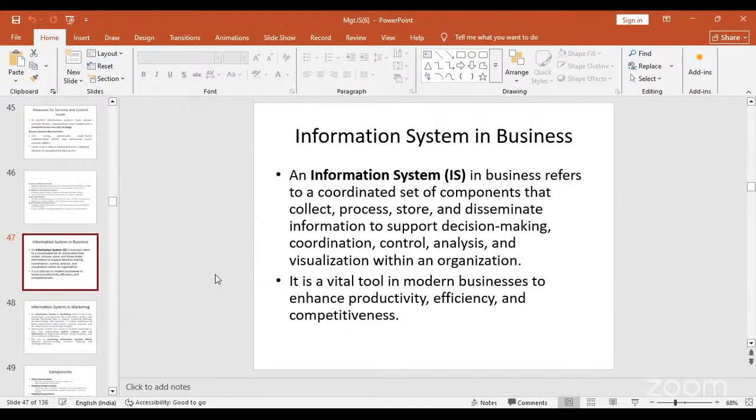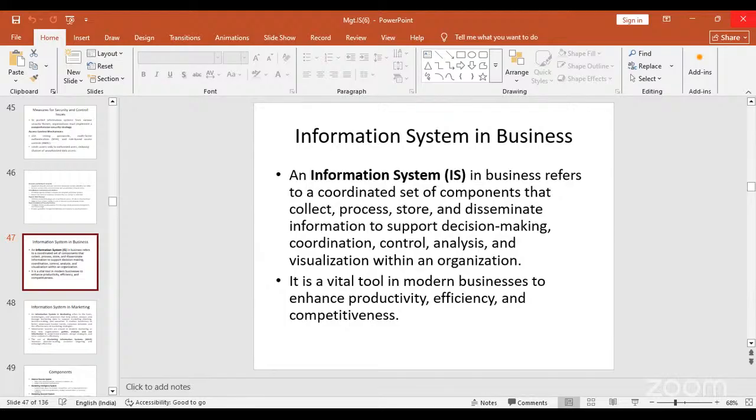It has control measures: who will access the data, who needs what type of data, that can also be provided. Then coordination means the HR department is connected with the finance department, connected with the production and operation department, etc.